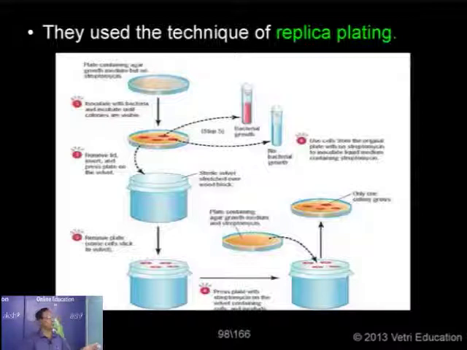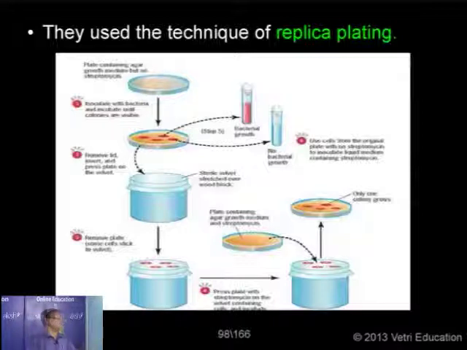In the experiment they used an antibiotic, for example either streptomycin or penicillin, to prove that certain mutations are pre-adaptive and advantageous.